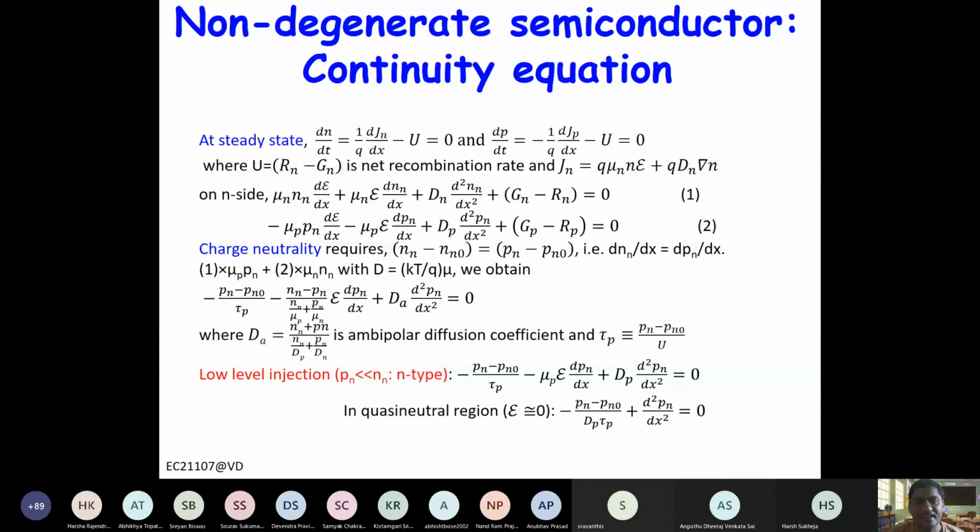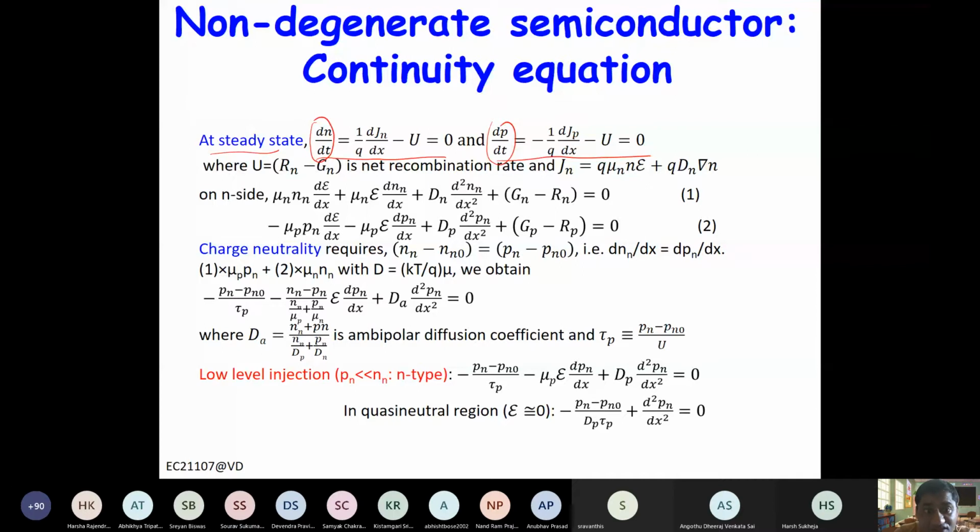So let us write the equation and understand it carefully. You don't have to write it, just understand. You can recall the continuity equation, the electron continuity equation and the hole continuity equation. In steady state, the number of electrons and holes are not going to change as a function of time.